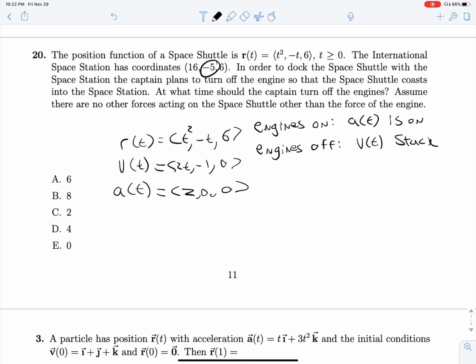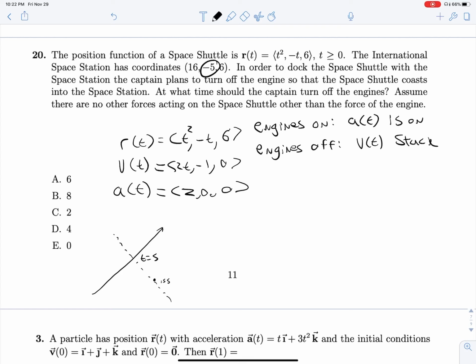And so we know that at t equals 5, we're either docking with the space station or not docking with the space station, because that is the only time where, if our trajectory is going like this, and here is our ISS, that is the only time that our y coordinate is lined up with the ISS at t equals 5.